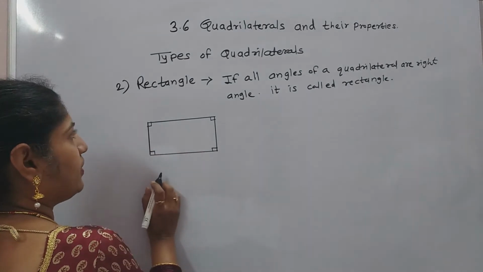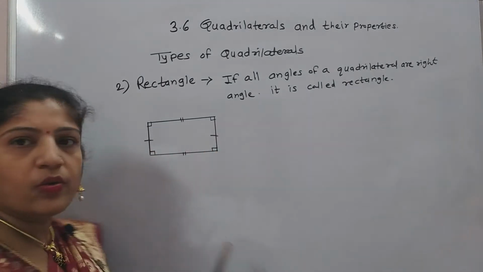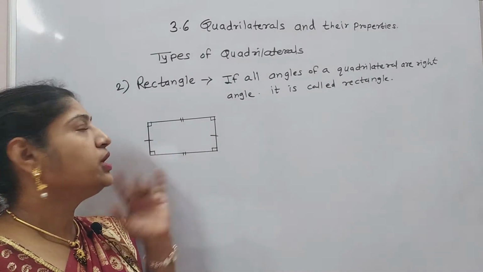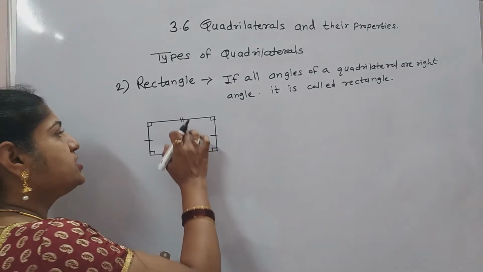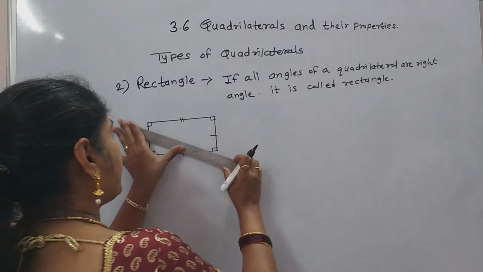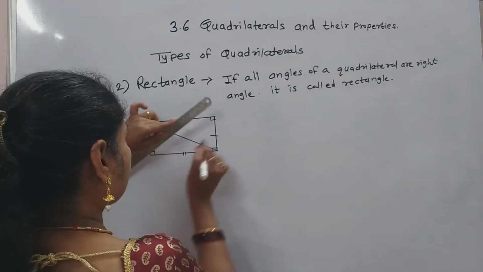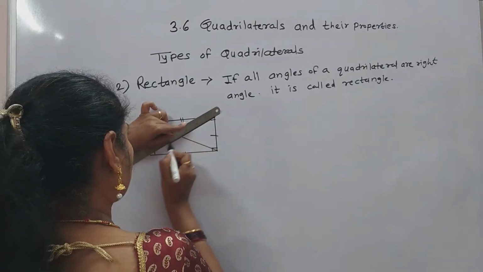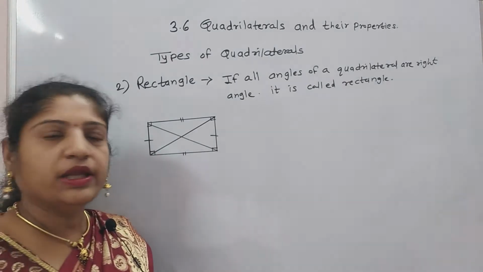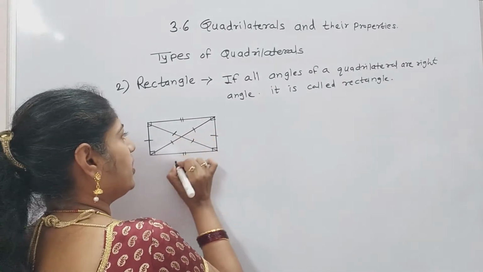In the rectangle, opposite sides are parallel, opposite sides are congruent, and the properties of parallelogram are also there, and diagonals bisect each other. But one more property is that diagonals are congruent.